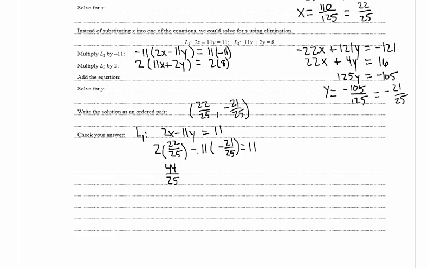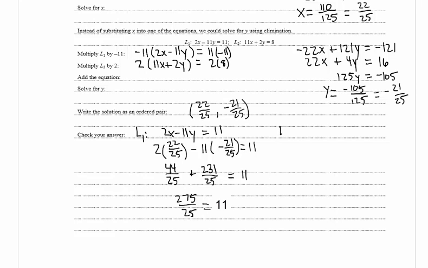And then we have negative 11 times negative 21 over 25, which is plus 231 over 25 is equal to 11. And 275 over 25 does equal 11.